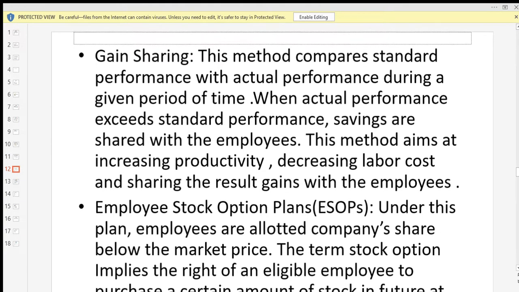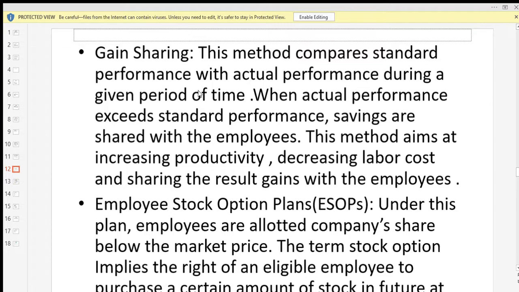And there is also gain sharing. This method compares standard performance with actual performance during a given period of time. When actual performance exceeds standard performance, savings are shared with the employees. This method aims at increasing productivity, decreasing labor costs, and sharing the result gained with the employees.